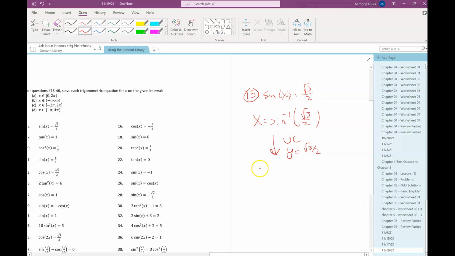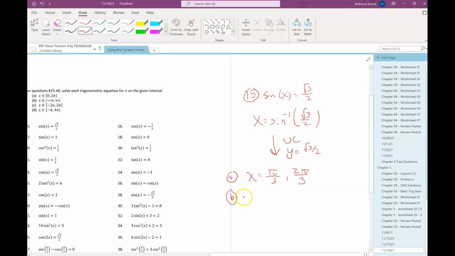That happens at pi over 3 and 2 pi over 3. So that's my answer for part A, because the unit circle just goes from 0 to 2 pi. Those are the only 2 places where we have that y coordinate.